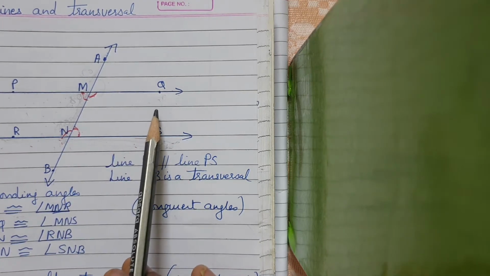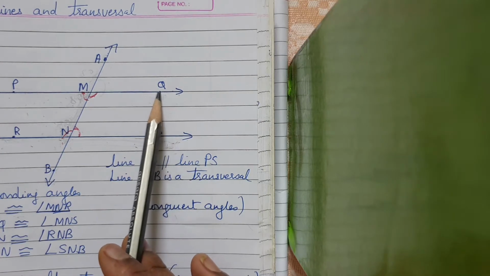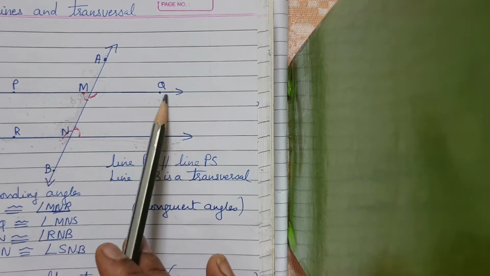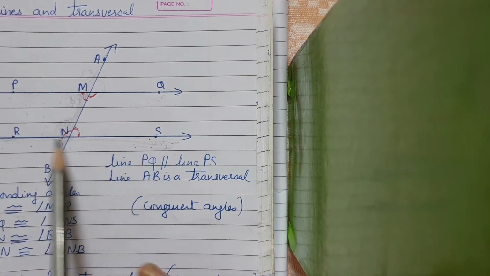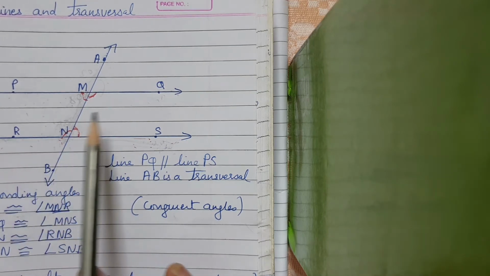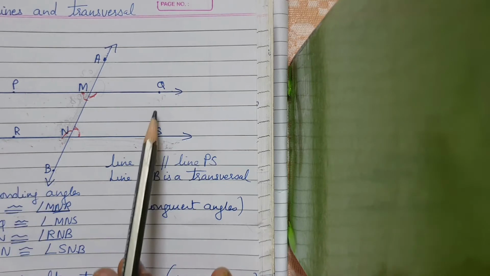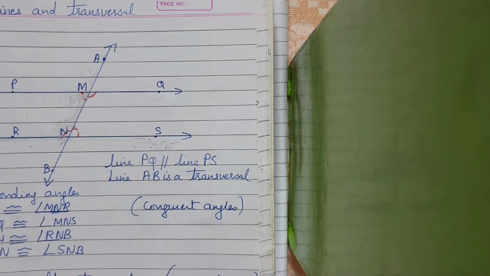Now let's take one more Z, in the other direction. Okay, this Z. Angle QMN and angle MNR. Can you see this going this way in a Z form? So they are also alternate angles because alternate angles always form a Z. So they are congruent, congruent angles of the same size and same shape.